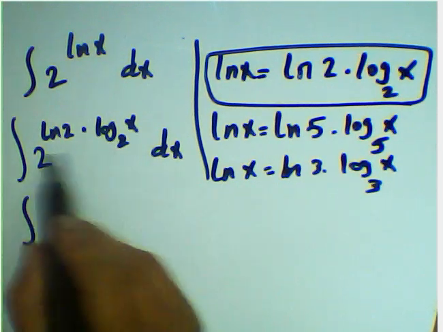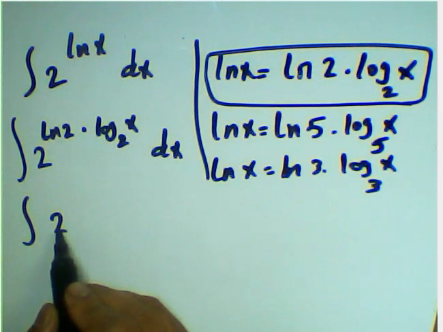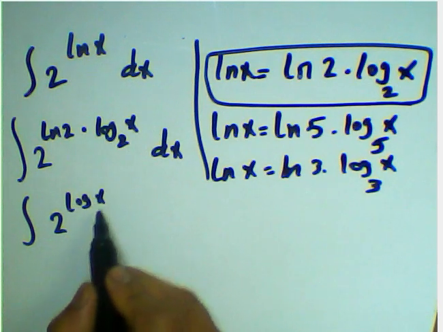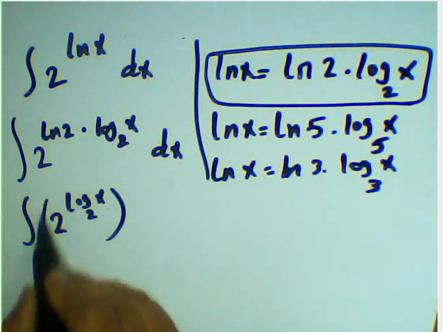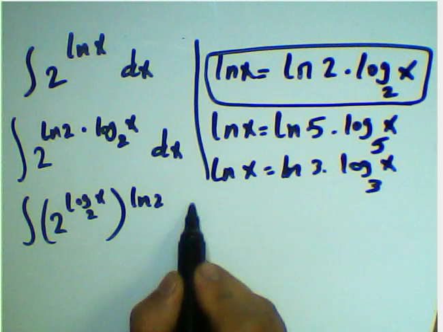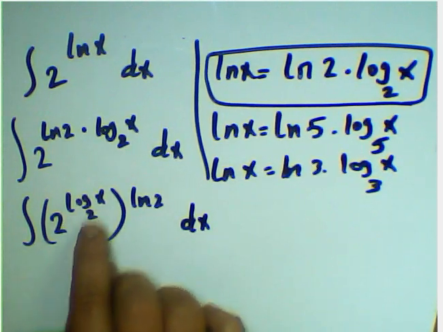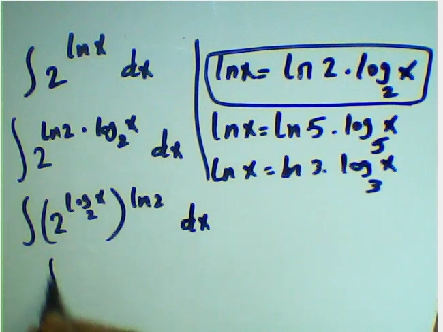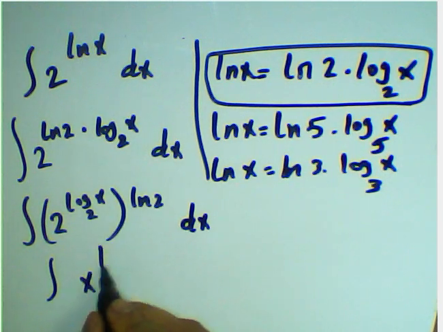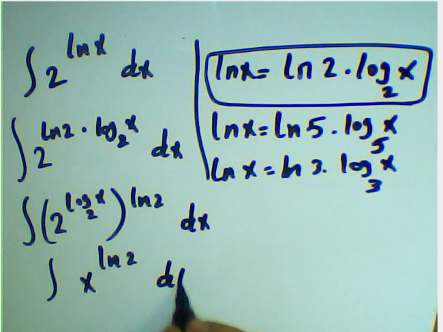Okay, we have 2 power here. We can write 2 power log x to the base 2, all to the power ln 2, like the previous question. We know 2 power log x to the base 2 means x, so it is x to the power ln 2 dx.